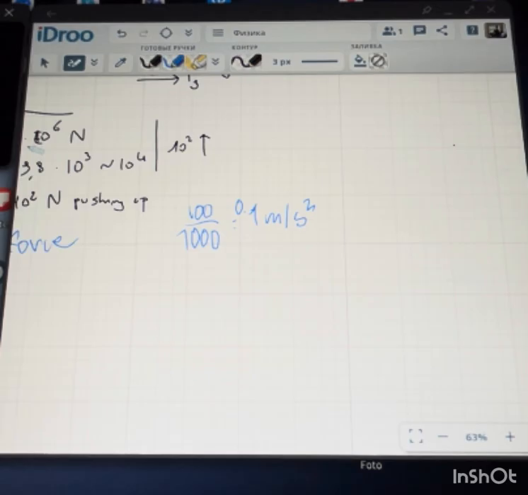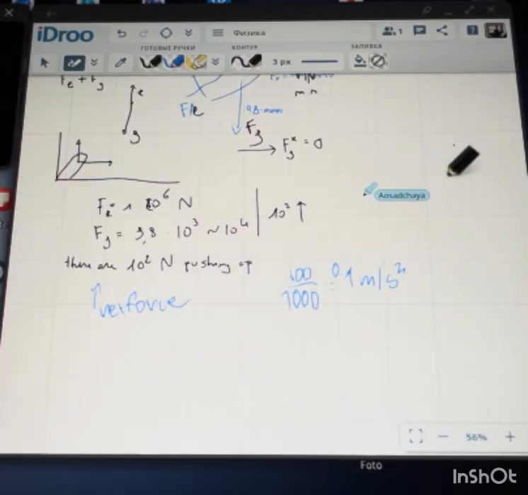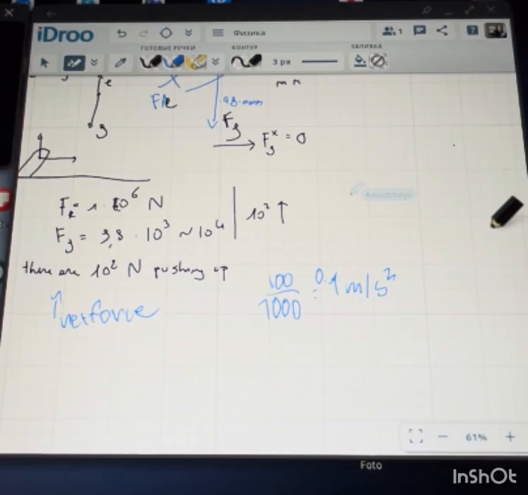So now we calculate how much time it's going to take for it to go up. For the final velocity, when it's at the top, it's going to be 0. So it's VI plus AT.